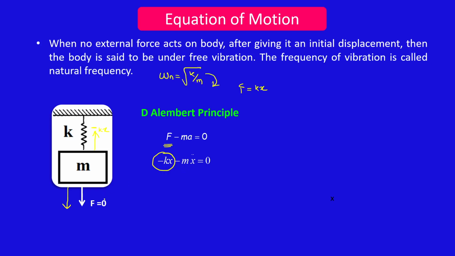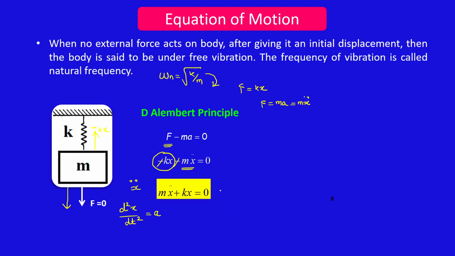Then inertia force, we are applying force downward. So F equal to ma, which is nothing but mx double dot. I can cancel minus on both sides. From that equation, mx double dot plus kx equal to 0. Here x double dot represents the double derivative d squared x by dt squared, I mean acceleration.